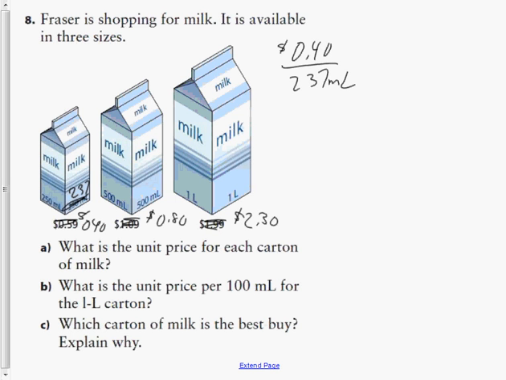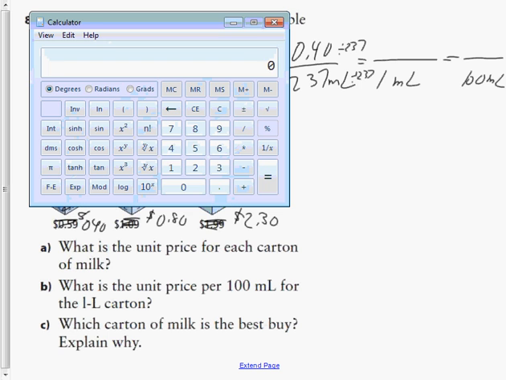Now, this is where it gets confusing for some people. Some people have to take it down to 1 milliliter and then take it back up to 100 milliliters. That's okay to do because if you divide by 237, you get per 1 milliliter. But the only problem is if you take 40 cents and divide it by 237 milliliters, the cost, since this is money, is less than a penny.